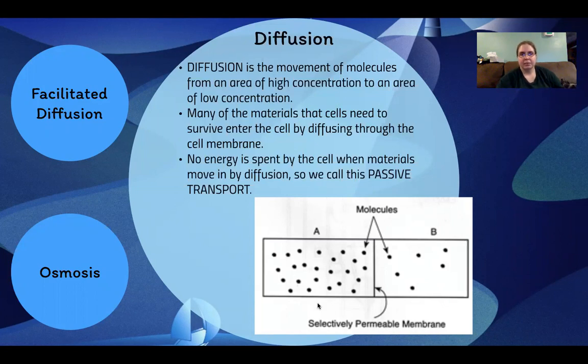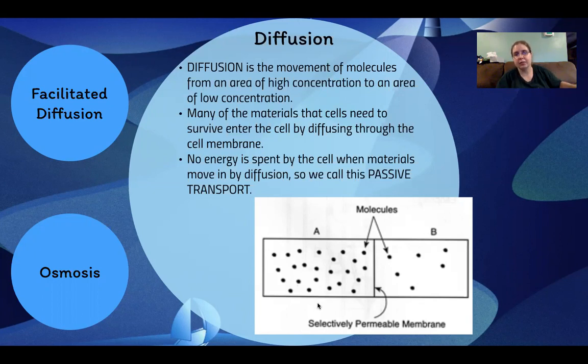Now, many of the materials that cells need to survive can actually enter the cell by diffusing through the membrane. Now, the nice thing about this is diffusion does not require any energy. It's just a matter of the molecules going from more concentrated, from crowded to less crowded. And that requires zero energy on the cell's part.